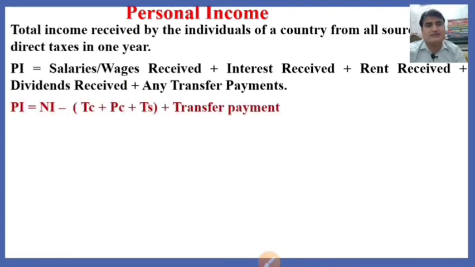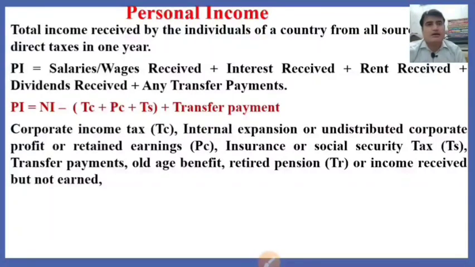We can find the personal income from national income through the equation: personal income is equal to national income if we deduct TC, PC and TS, and then add the transfer payment. TC means the corporate income tax. PC means the internal expansion or undistributed corporate profit, or retained earning.